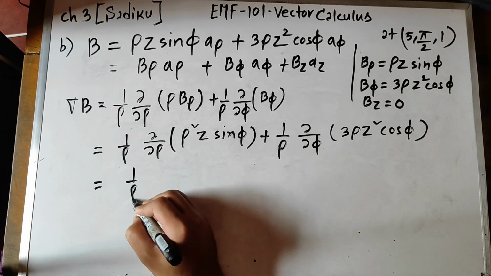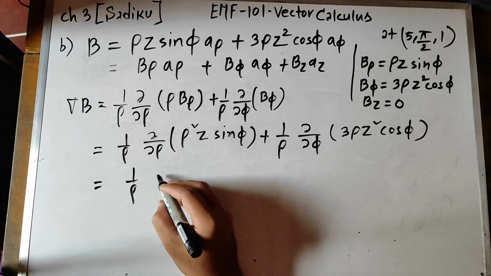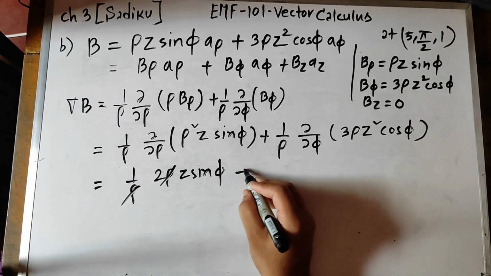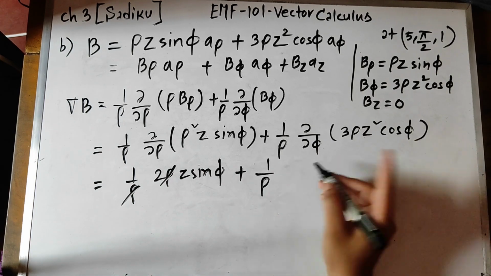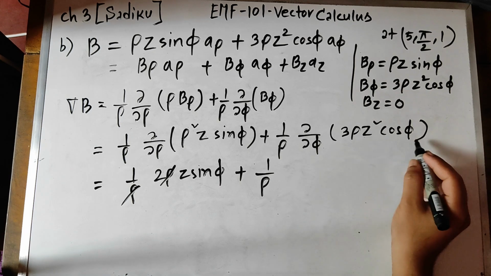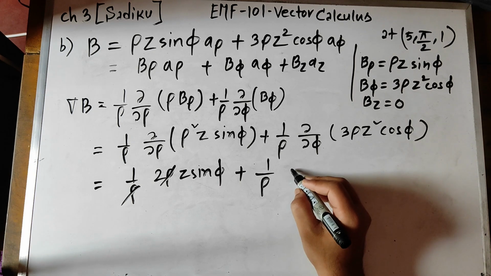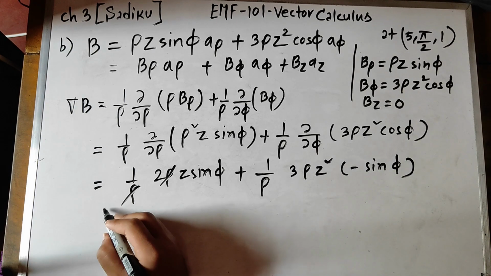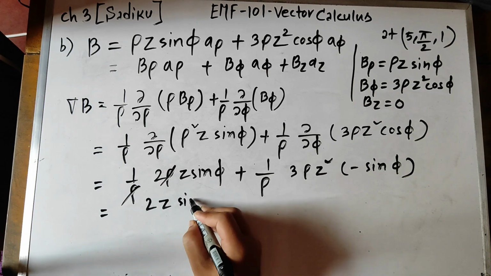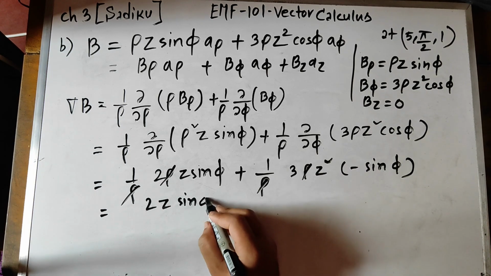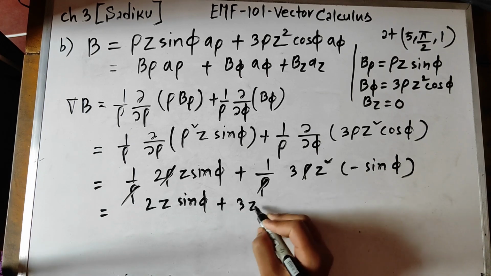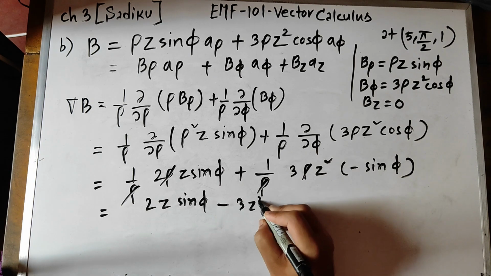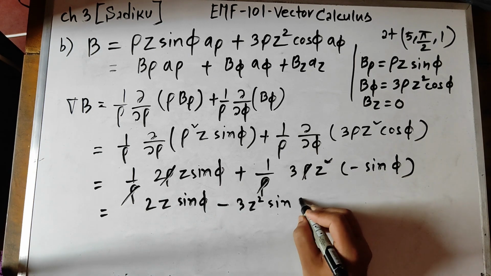If we take the partial differentiation, it will be 2 rho z sin phi, with rho cut out, plus 1 by rho times 3 rho z square times the partial differentiation of cos phi, which is minus sin phi. So we get 2z sin phi minus 3z square sin phi.